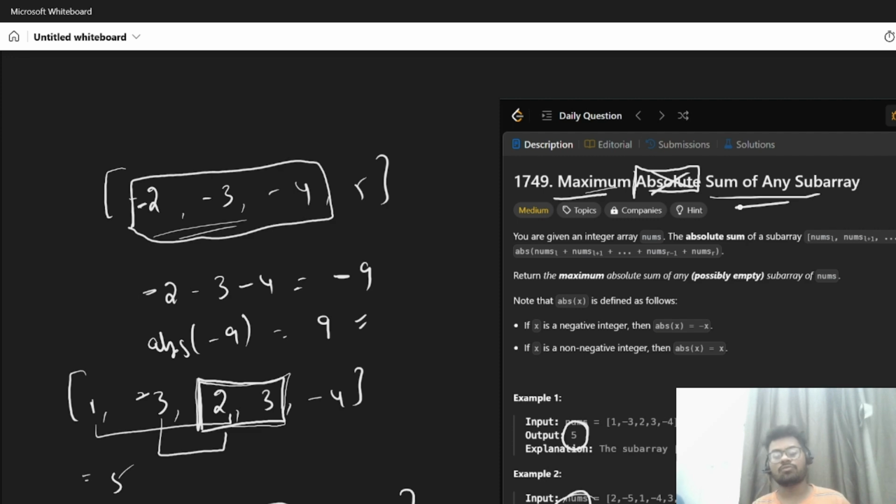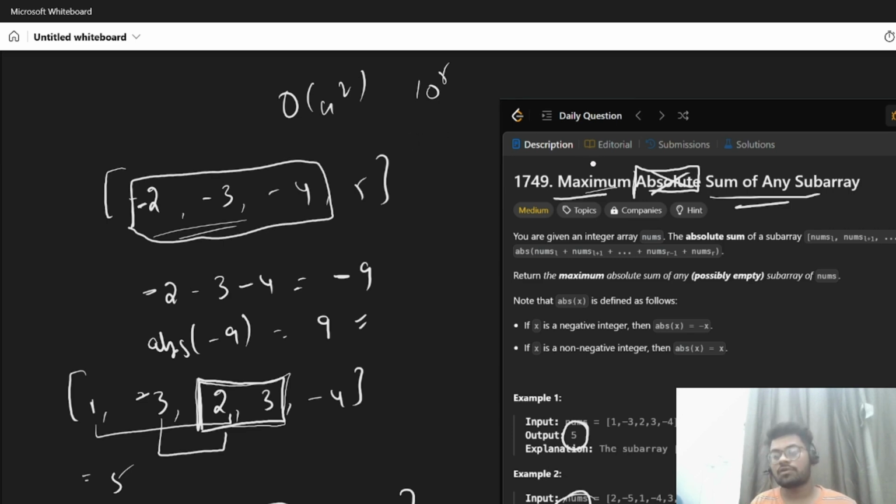For the brute force solution, you can iterate through the array and generate all the subarray sums, and return the maximum out of them. That takes O of n square, because to iterate over all the subarrays we need n square. As the constraints are 10 power 5, it gives you a TLE, so we need to find a solution which is O of n log n or less than O of n log n.